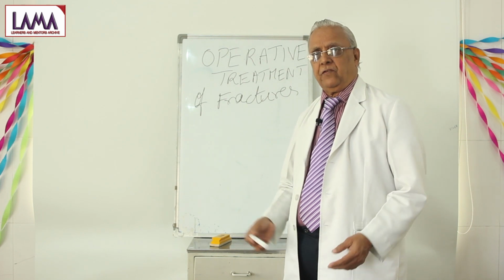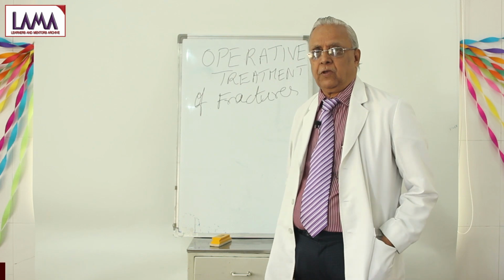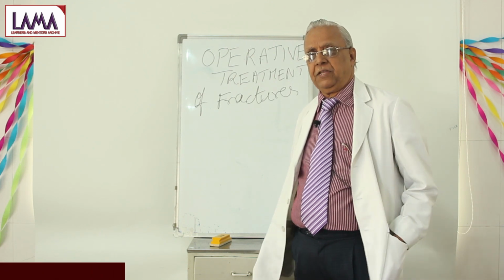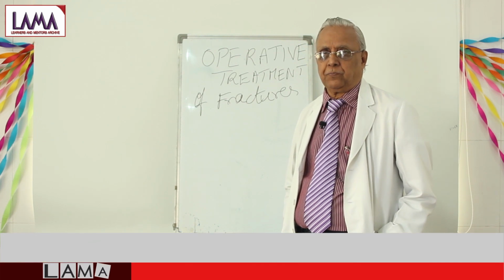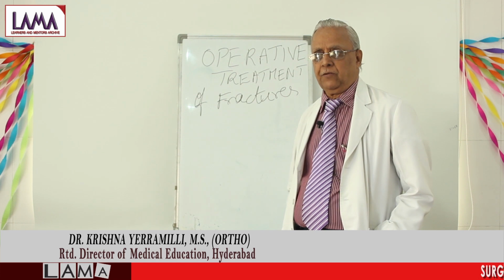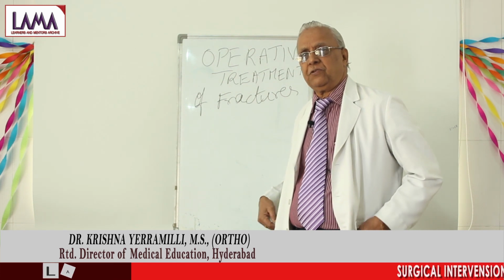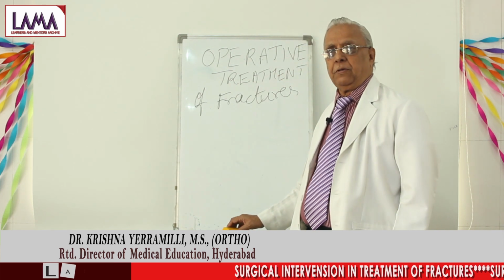With this brief introduction about why we are going to operate on a patient, let us see what are the situations where you have got to operate on a patient. First and foremost is failure of conservative management.